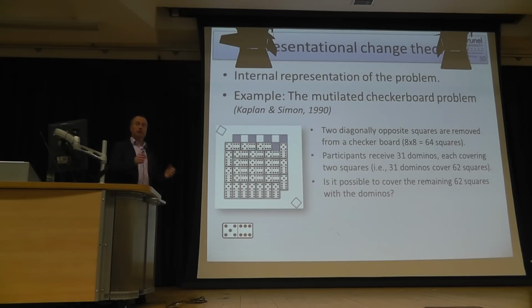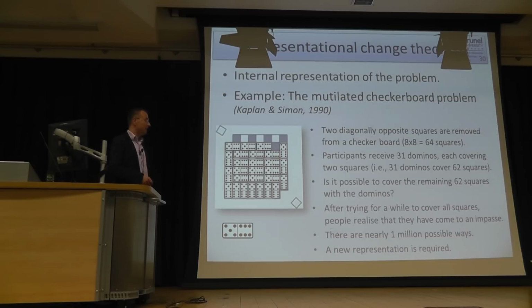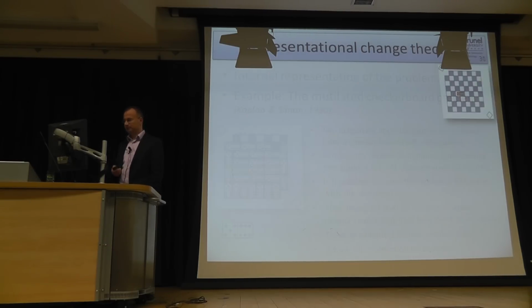So you may go back, try again, go back, try again, until you realize you can't solve that just by trying out, because there are easily 1 million ways to lay the domino pieces on that board. So to solve the problem, you need to restructure. You need a new representation of the problem, because that is too complicated. And the representation changes by more elaborate thinking about that.